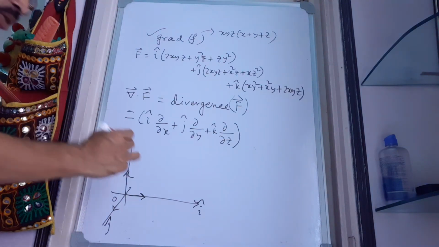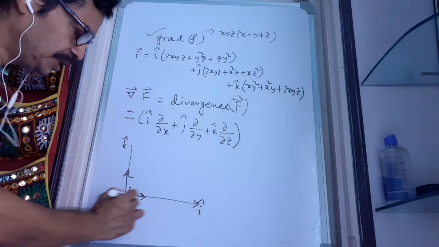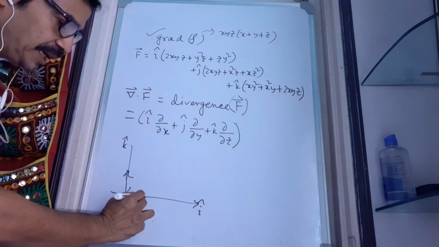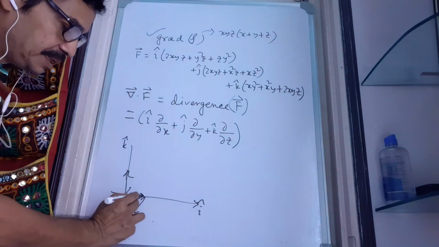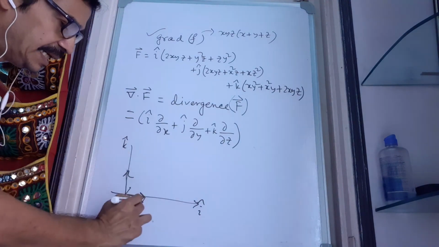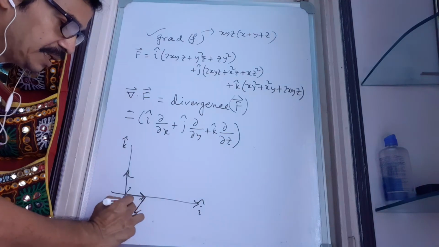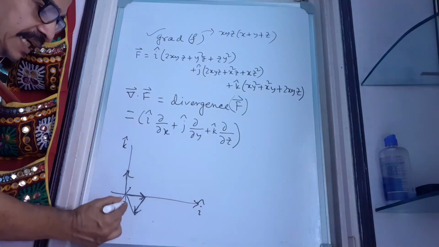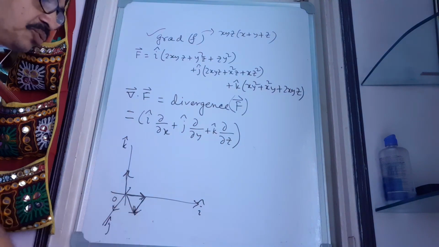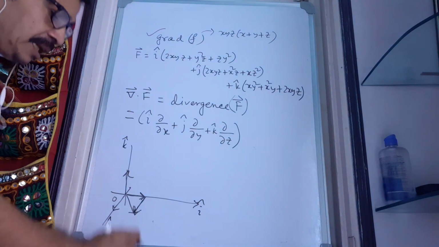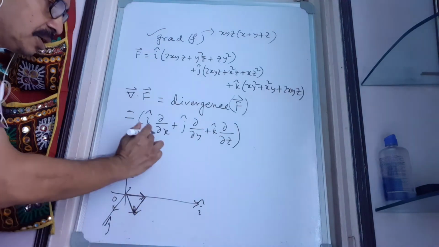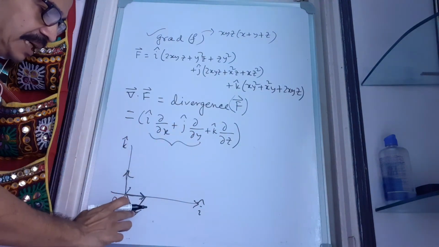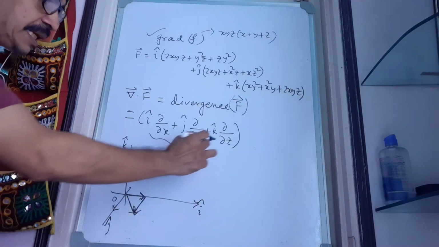And from the triangle law, we know that if we shift this vector parallelly to this point, we have this as i cap del/del x and this as j cap del/del y. When these two vectors are added in this xy plane, we get this vector according to the triangle law, and then we add up this, which means i cap del/del x plus j cap del/del y, along with k cap del/del z.